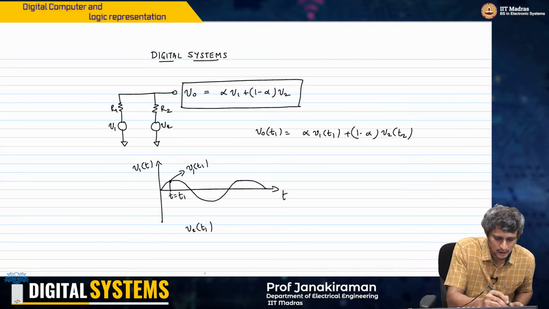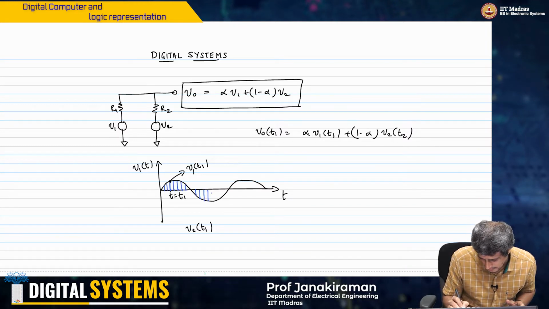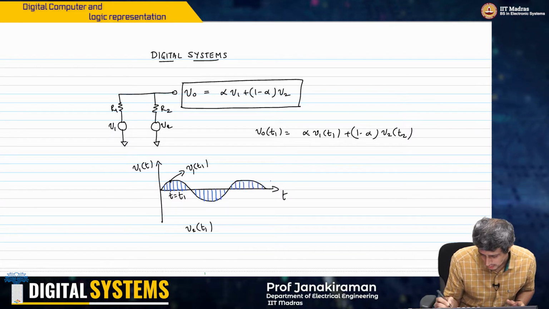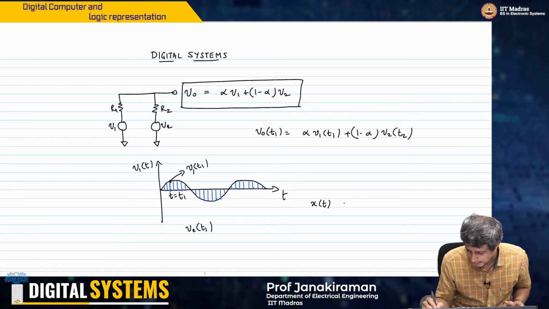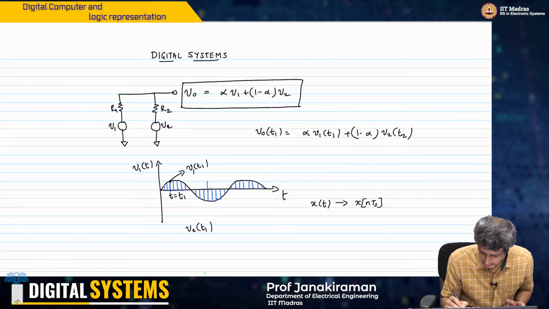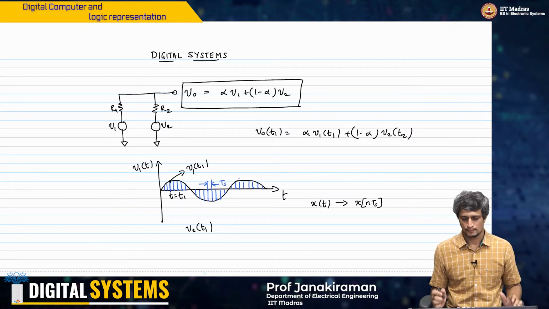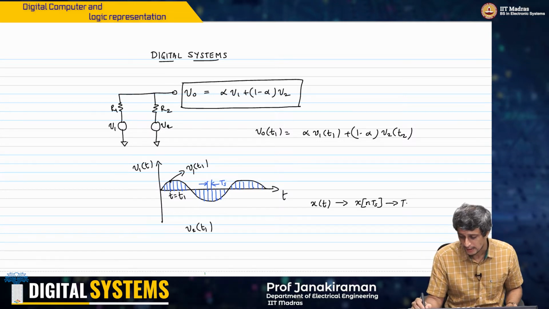The idea was to divide this time axis into small sample instants where you sample the data, and x of t now becomes x of nTs, where Ts is the sampling time. This was only time sampling.